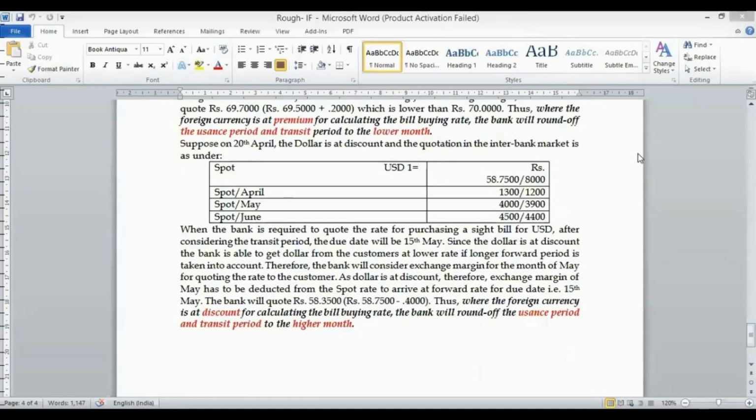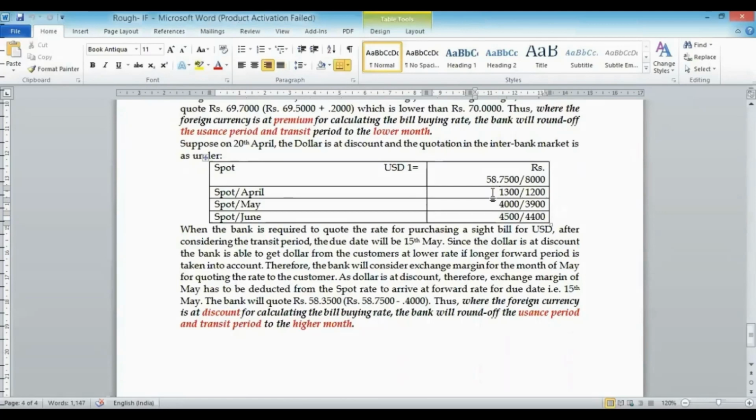Moreover, keep in mind that when we are trying to know whether the forward rates are at premium or discount, I am using the word forward rate, not the spot rate. Spot rate is the current rate, and forward rate starts from the preceding months.